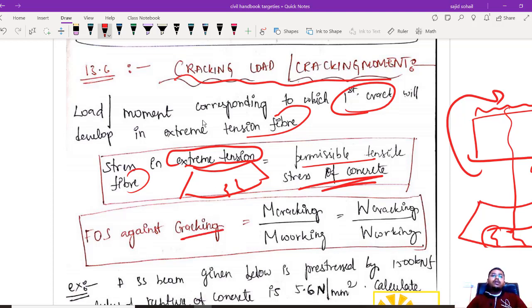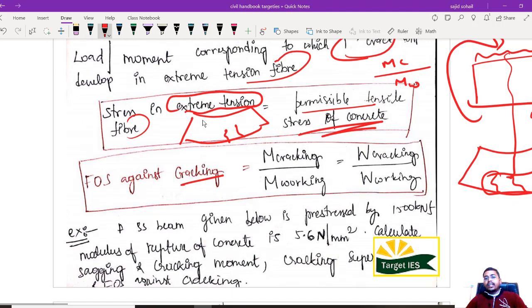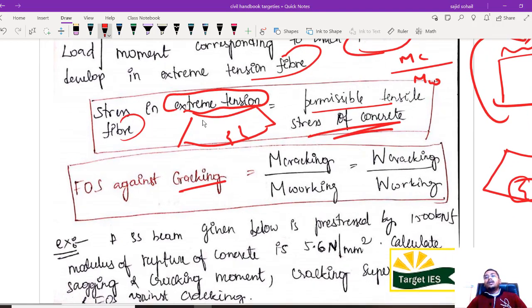Very simple. You know moment at which it is cracking, right? So divided by working moment, whatever load you have, working moment जिसका बन रहा है, just divide it, you will be getting your factor of safety against cracking. So your factor of safety against cracking is nothing but moment of cracking divided by working moment, or load of cracking divided by working load. Done. कितना सिंपल सा कॉन्सेप्ट है ना.